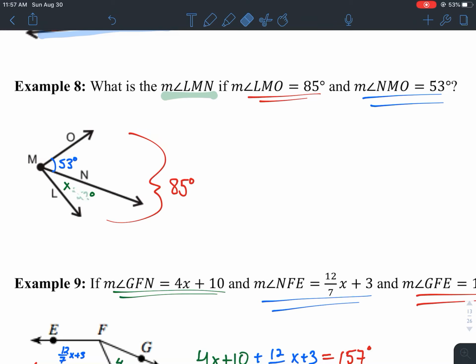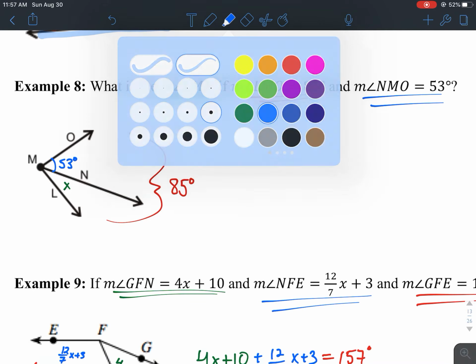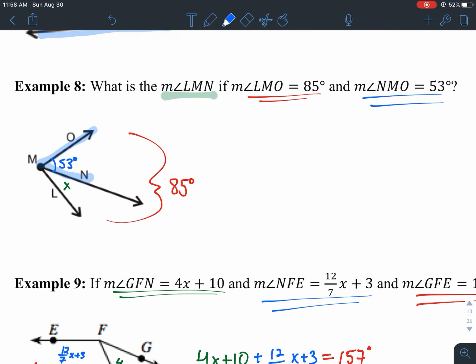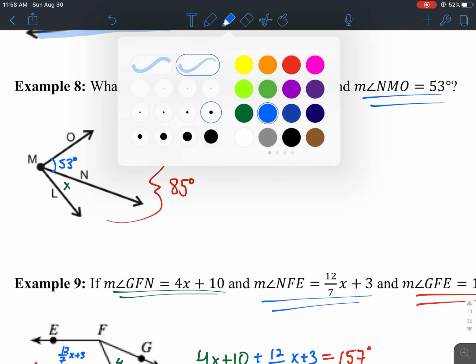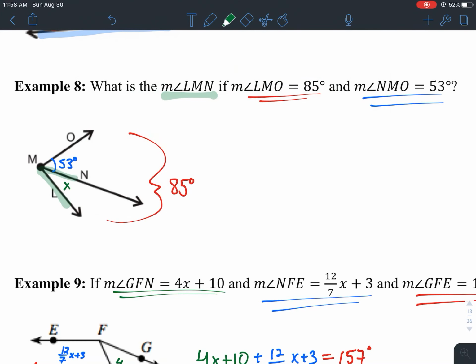If you take a look, again, the red is the whole thing. Angle LMO, L to M to O, that's the whole thing, that's 85. And then the other piece that was given to us is that NMO, N to M to O, is 53. So we have to find LMN, which is the other small chunk.